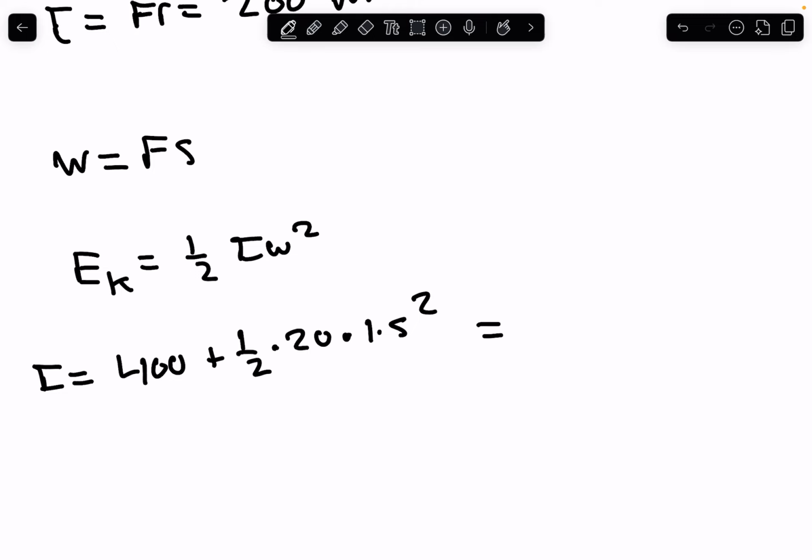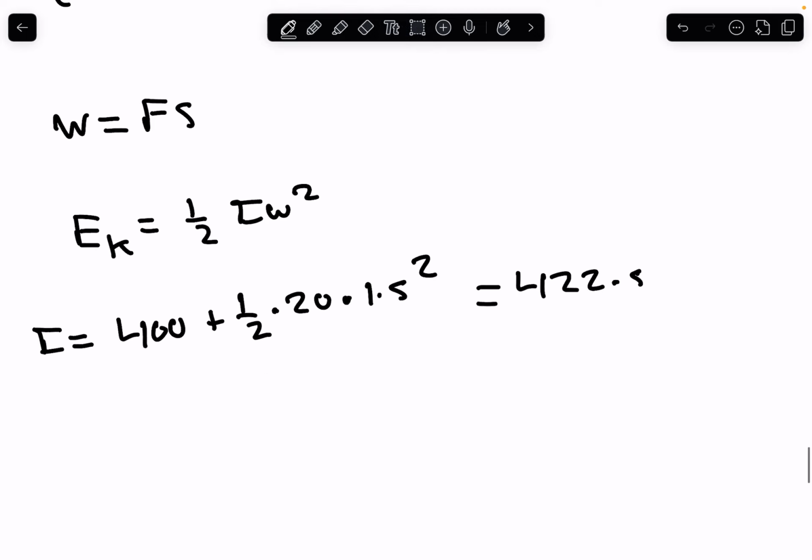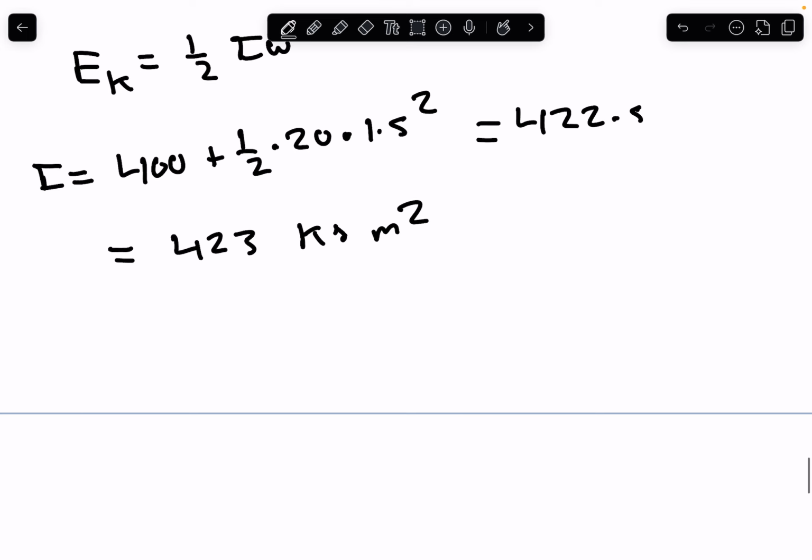Remember to put them in brackets because the calculator can get confused. 0.5 times 20 times 1.5 squared will be equal to 422.5. And in physics, we stay with 3 significant figures, so we're going to round it up to 423 kilogram meters squared.